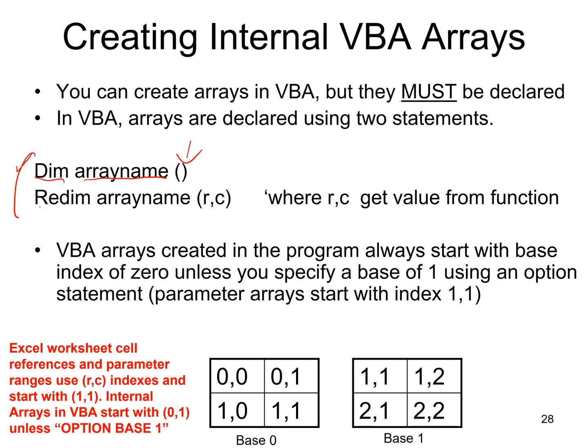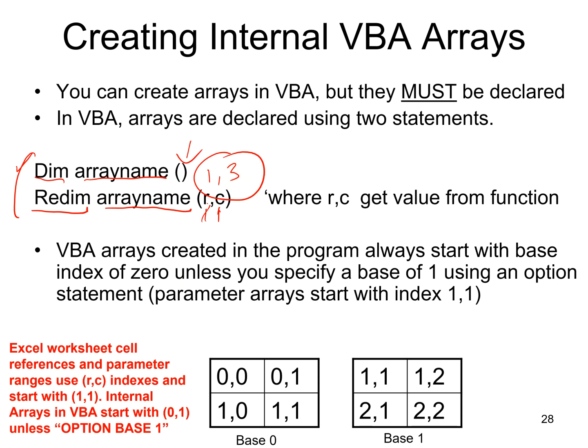And then later, before you start using the array, you must redim it, use the same name, and then specify the size or the dimensions of the new array. So you might say at this point that it's a 1x3 or something like that, or maybe even use variables to do that.